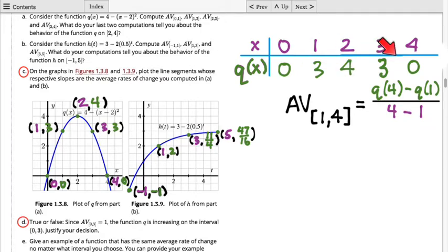So I would look in my table here. I would find q of 4 right here, and I would find 4 itself matched up with it. So I would have a 0 and a 4 going into my formula there. So 0 on top, 4 on the bottom. Q of 1, I would find where? What would q of 1 be? 3.